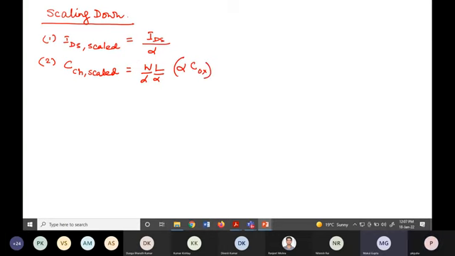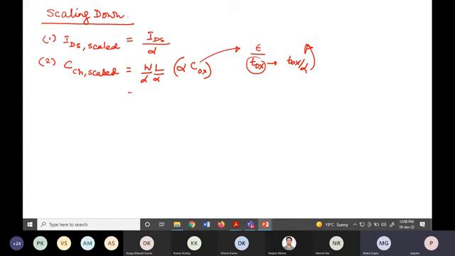this Cox will increase by alpha times, because Cox, as I mentioned to you yesterday, is basically epsilon over Tox, and this Tox will reduce to Tox by alpha. So this alpha will go to the top, and then it is like alpha Cox, right?